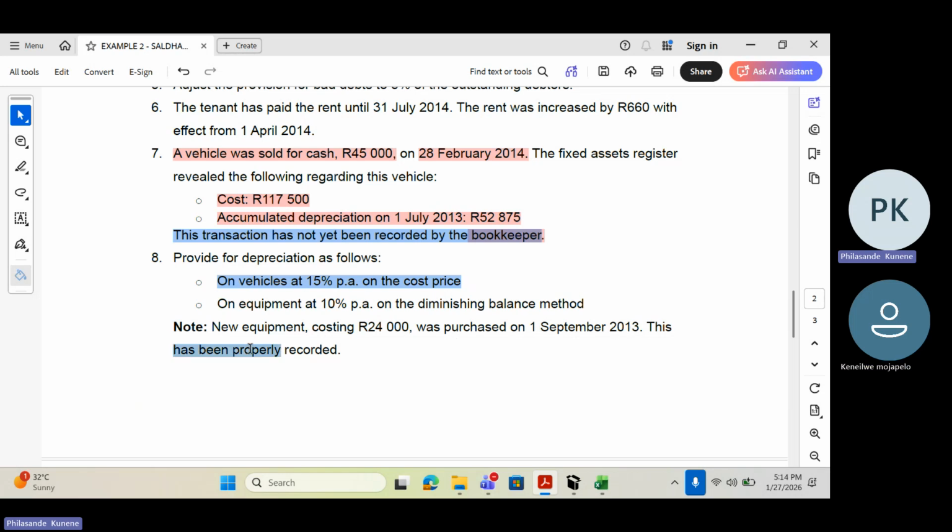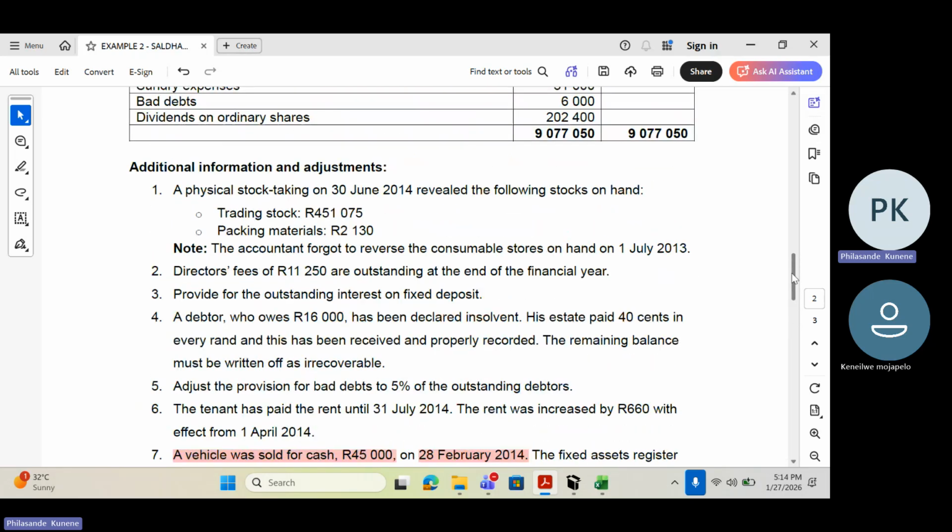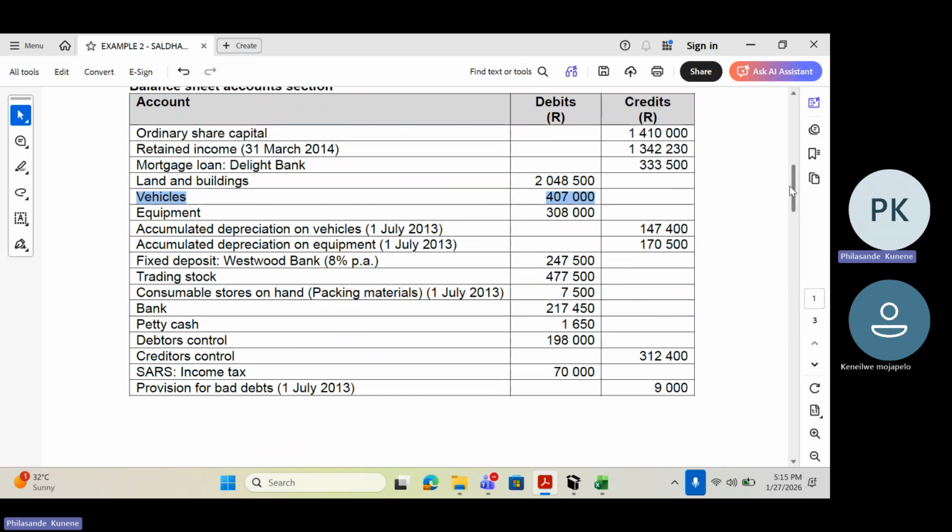This has been properly recorded. So what do we do now in terms of calculating depreciation for the old equipment? Since it has been recorded, I think we should subtract the 24,000 because you'll be counting it double.